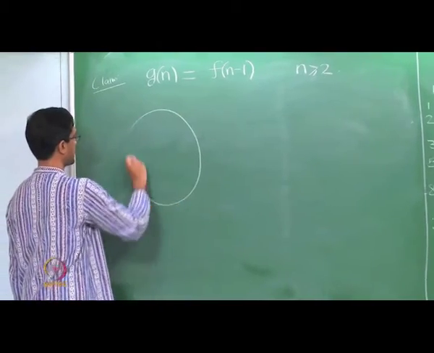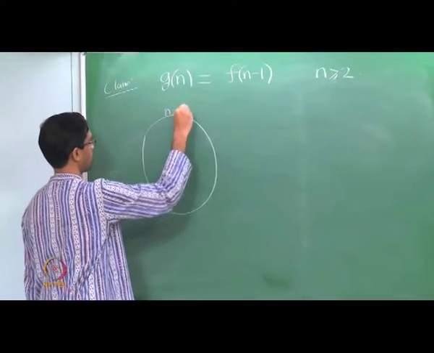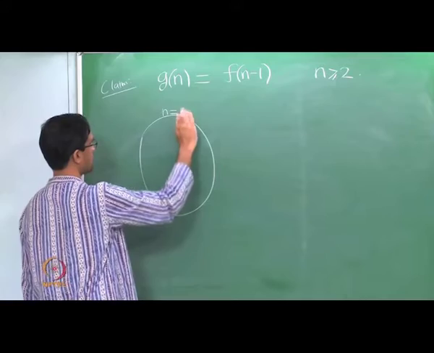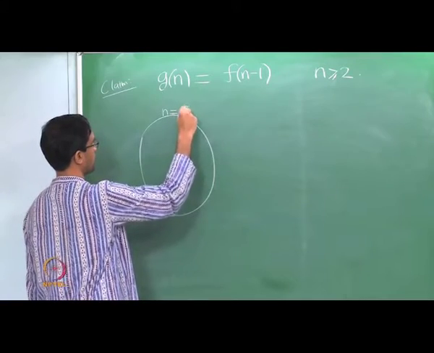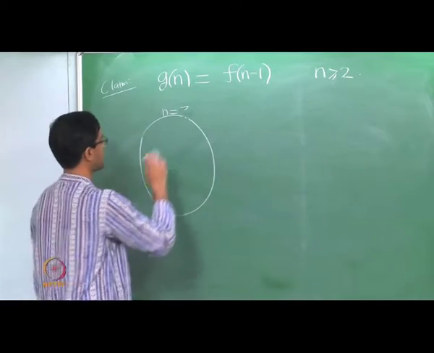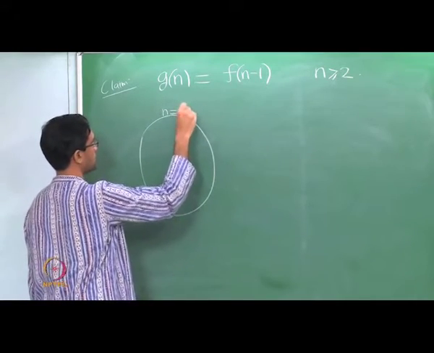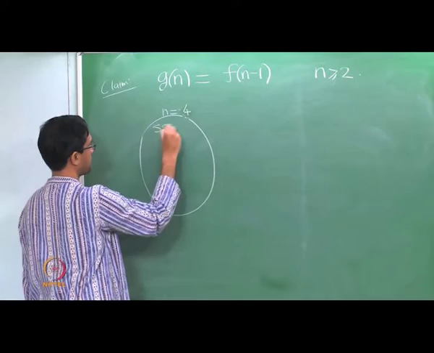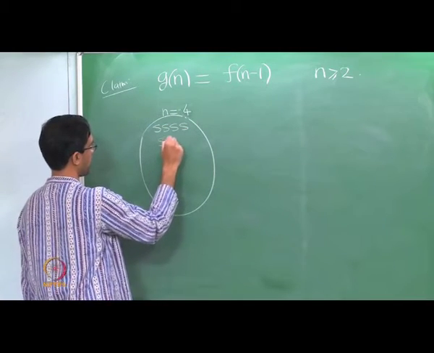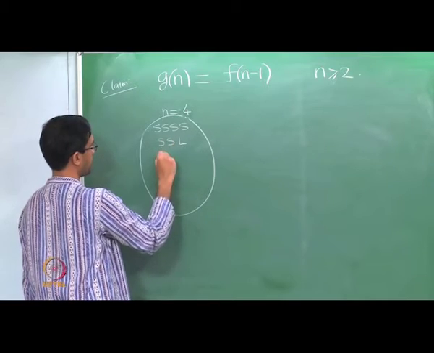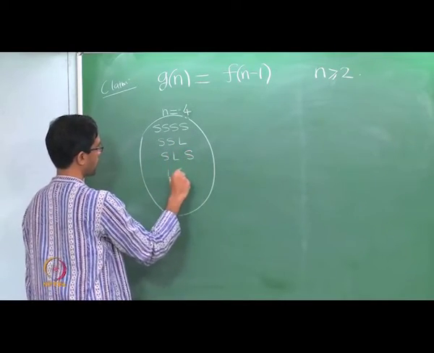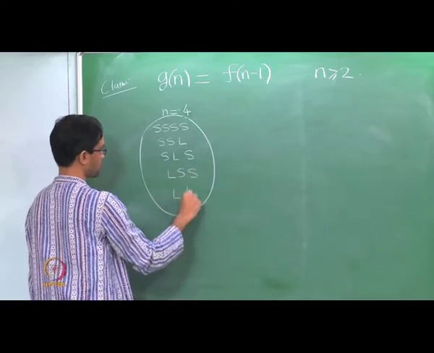So let us take the case n equals 4, for which we have the following short and long strings. So I have a total interval of length 4. I have 4 short strings, or 2 short and a long string: short, long, short; long, short, short; or I have 2 longs.